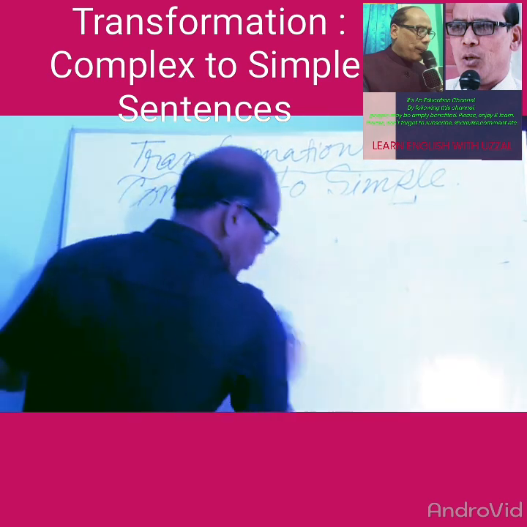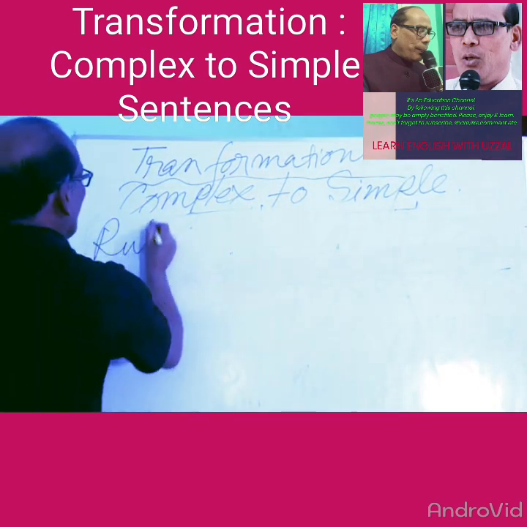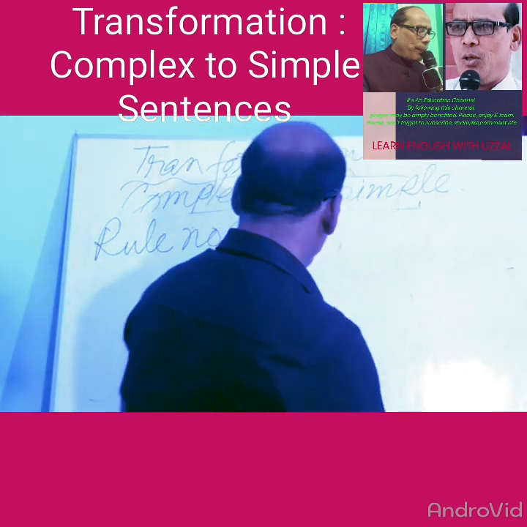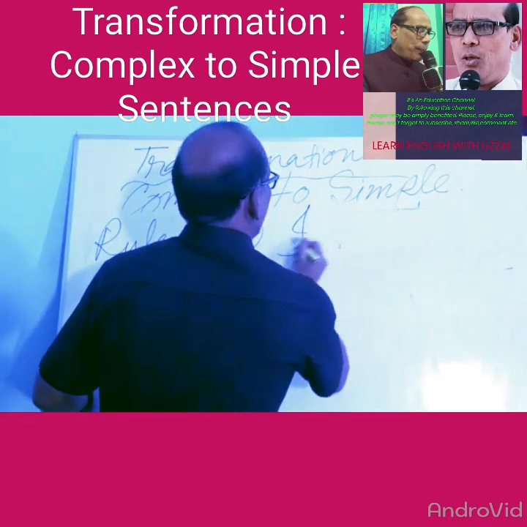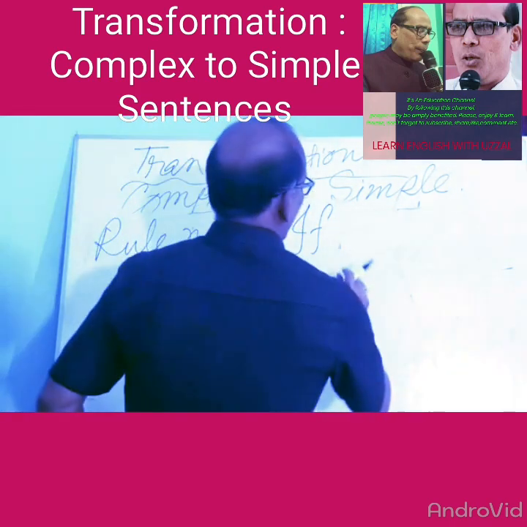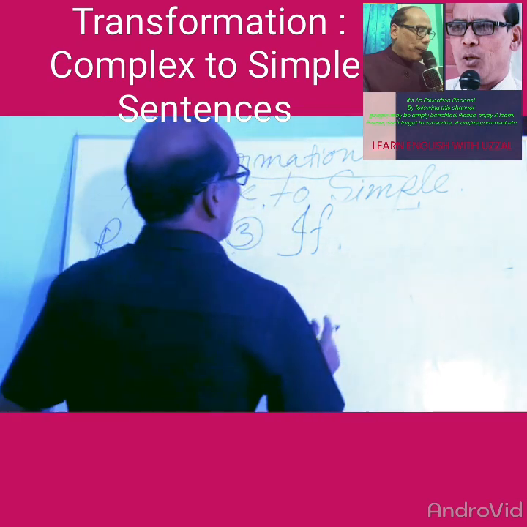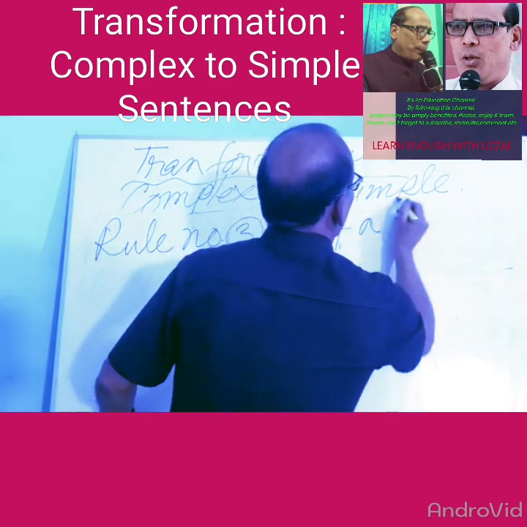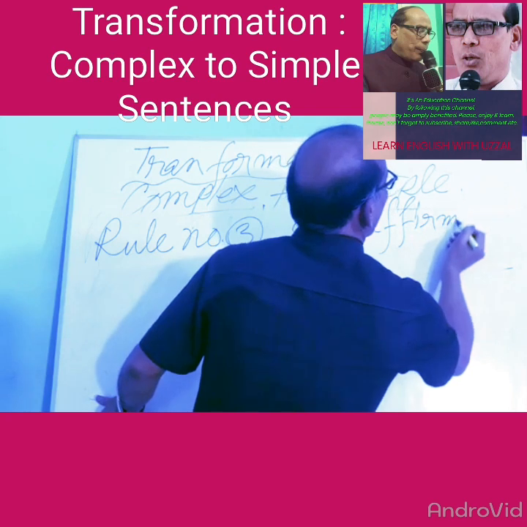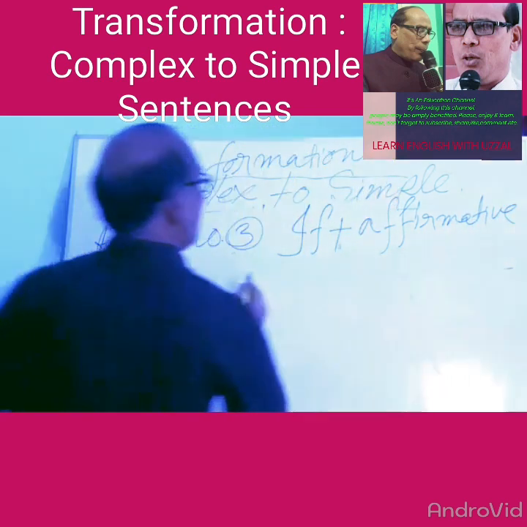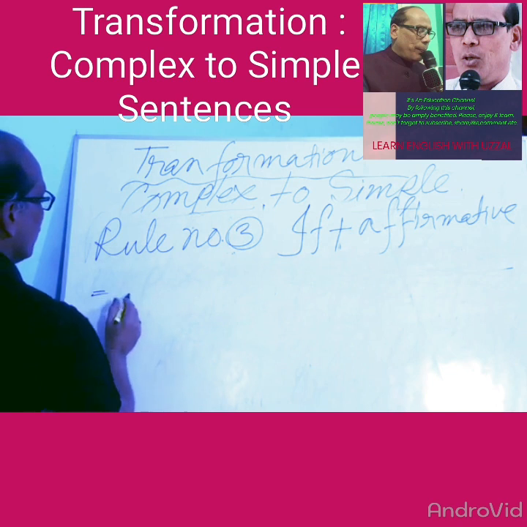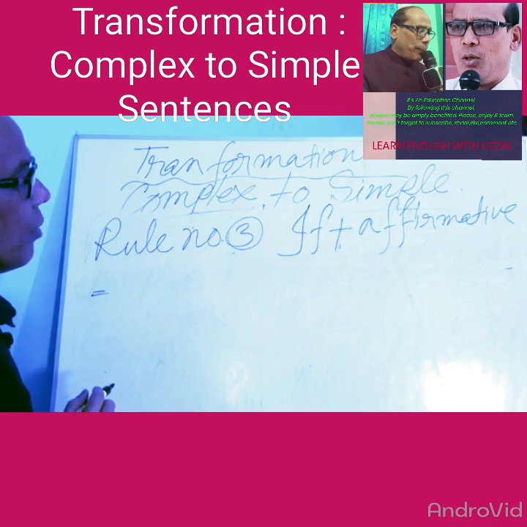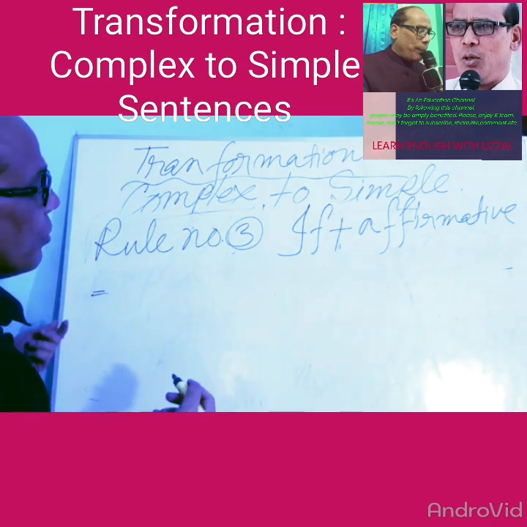And rule number 3. If is a conjunction, a subordinating conjunction. Of course, if joins two clauses to make a complex sentence. If we see if plus affirmative, the system will be to change the if clause into a noun clause.